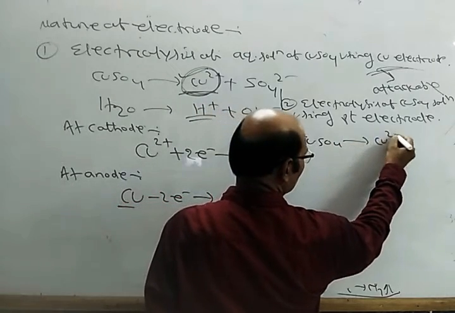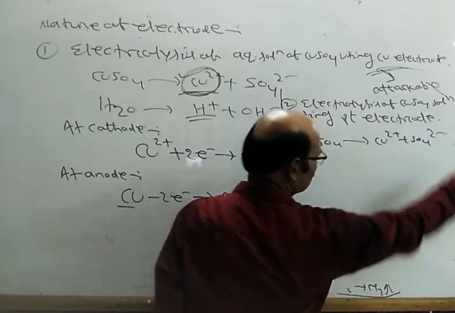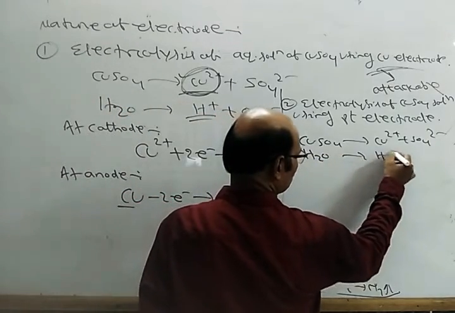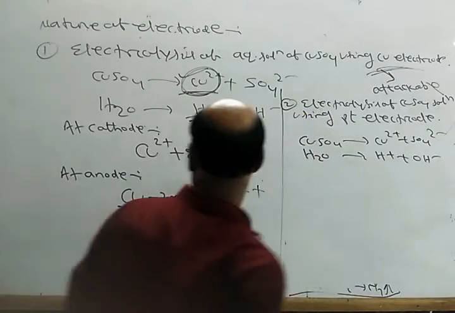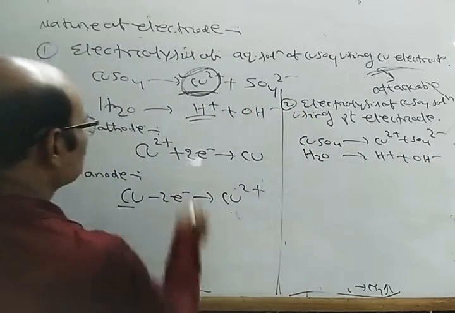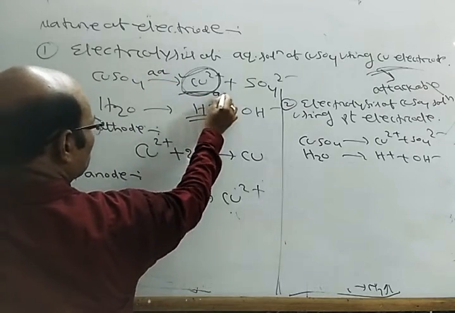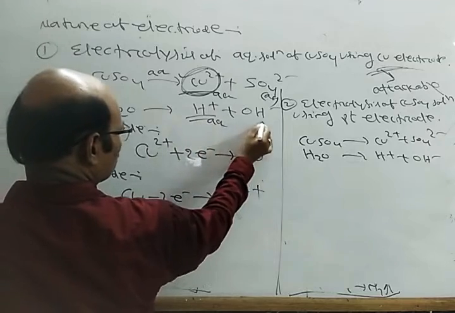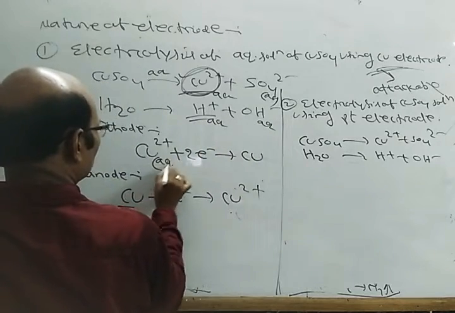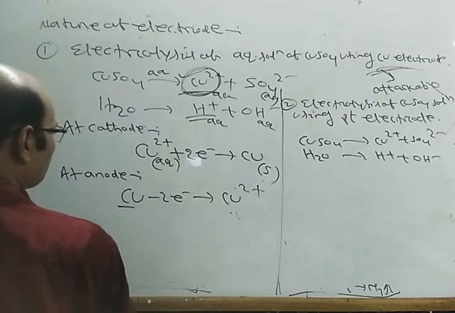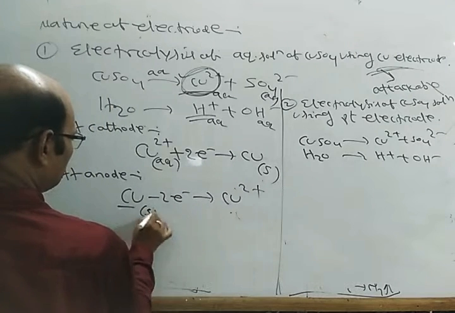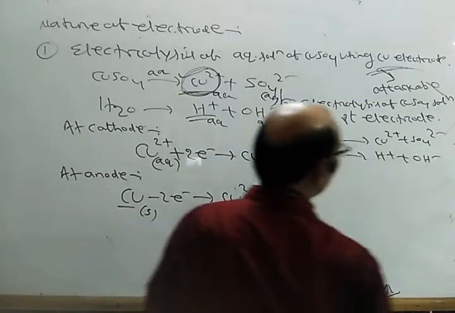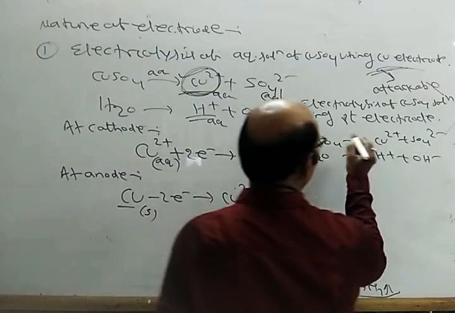CuSO4 gives Cu2+ and SO4 2-, and we have H2O giving H+ and OH-. Cu2+ aqueous, H2O, aqueous into solid, H+ and OH- aqueous.